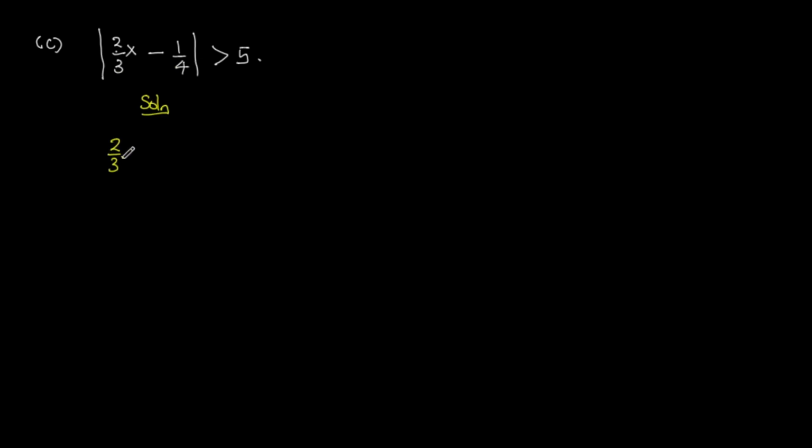We have 2/3 x − 1/4 is greater than 5, or 2/3 x − 1/4 should be less than negative 5.